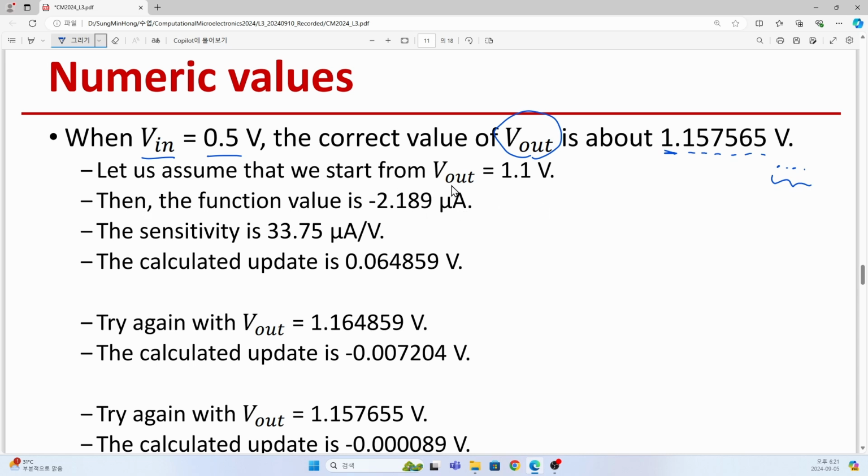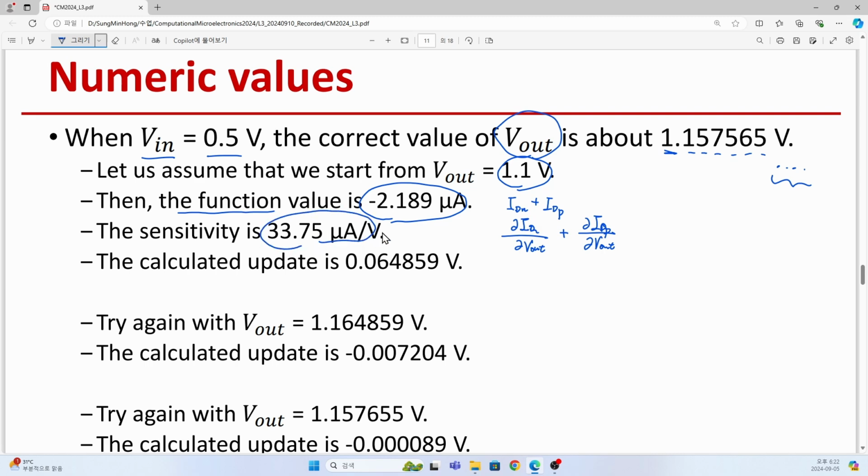Let's assume that we start from 1.1 volt, which is already quite close to the solution. Then when we evaluate the function value, here the function value means the sum of IDN and IDP, it gives us minus 2.1 microamp. And the sensitivity just means the derivative of our drain current with respect to the output value, and it gives us a certain value.